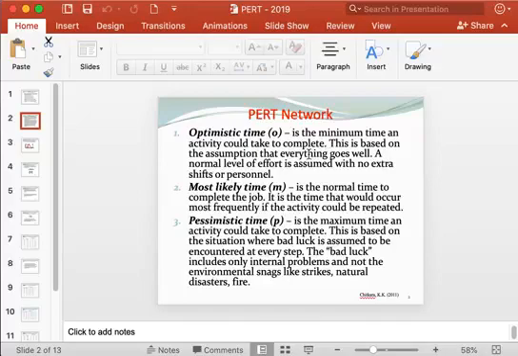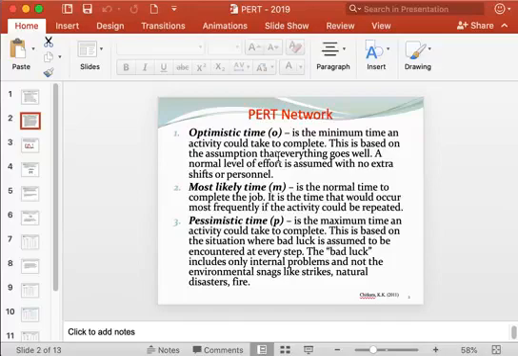When we talk about the assumption of everything going well, we are talking about normal level of effort being used with no extra shifts or personnel being used.